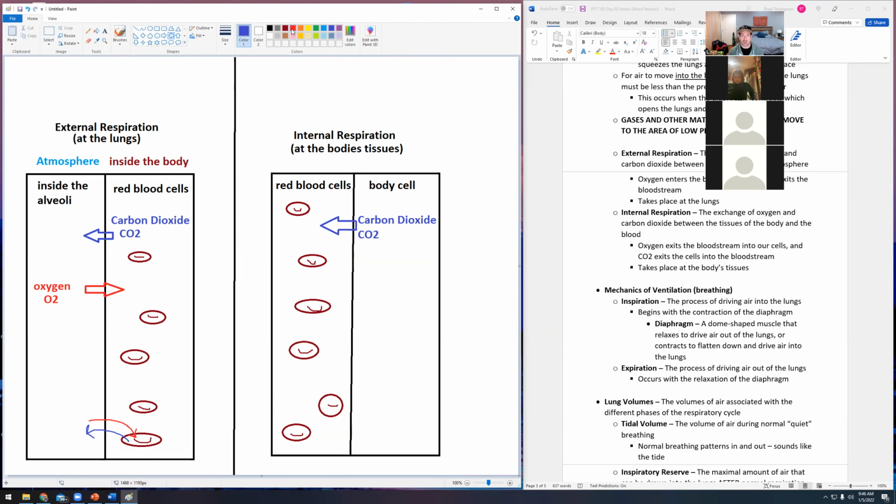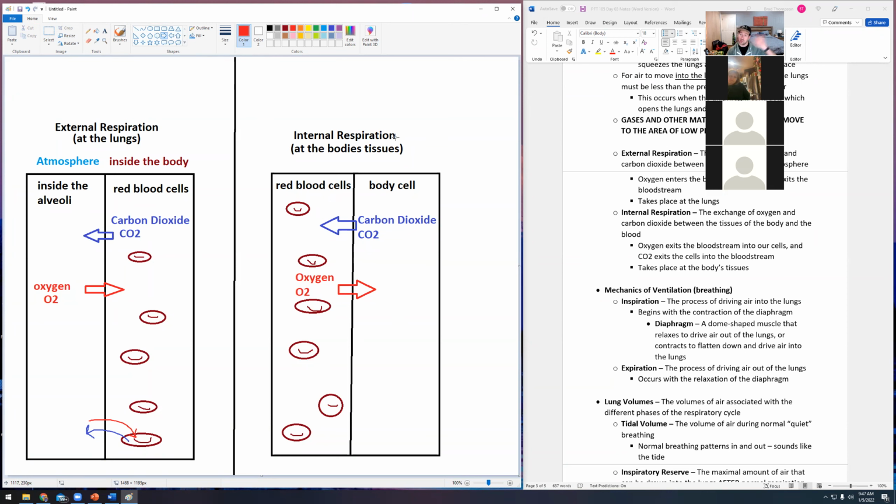And then the exact opposite, your red blood cells, their whole job was to deliver oxygen over here. So now oxygen, or O2, is over here, and it is going to move this way, right? It's going to go across onto this side.